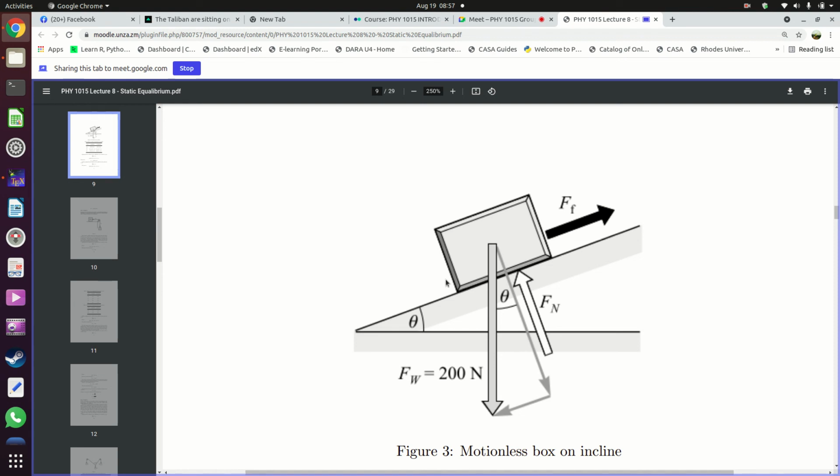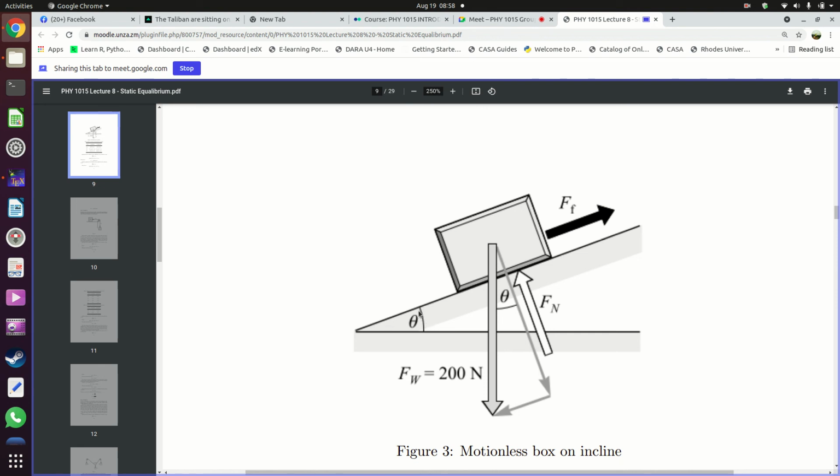Now, when you have an object on an incline, you choose the direction in which the object is supposed to move. If the object is not stopped, it will move downwards. So the downward direction, this side, is what is chosen to be the positive x-axis. The upward direction is the negative x-axis, and up is the positive y-axis, and down is the negative y-axis.